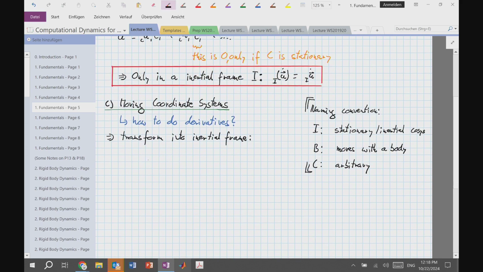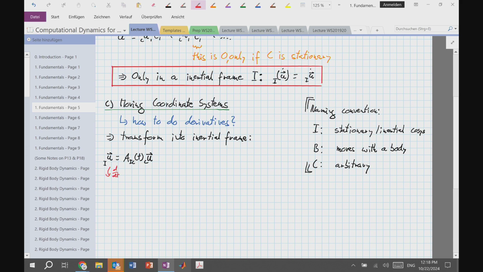What does that mean? Well, if I have a vector u, and that is given in C coordinates, and C is a moving coordinate system, I just apply a transformation, AIC, to get the vector in I coordinates. And since C is moving and I is stationary, this transformation AIC is a function of time. That's how I know that C is a moving coordinate system. And that would give me the representation of my vector u in this inertial coordinate system.